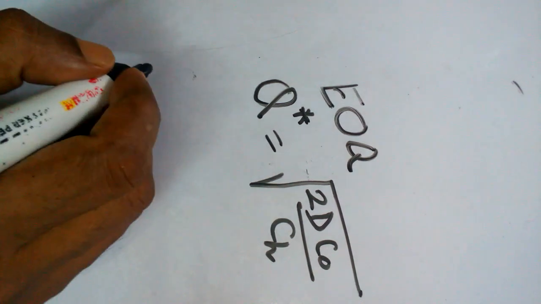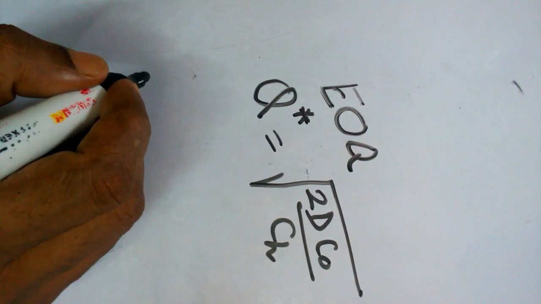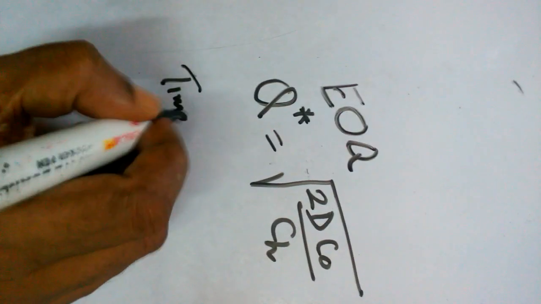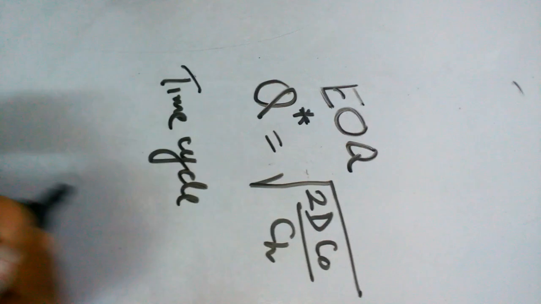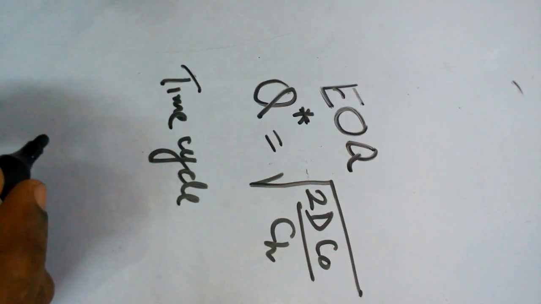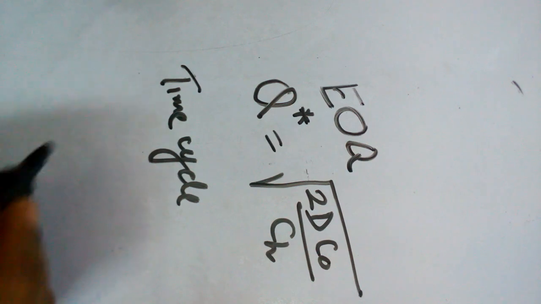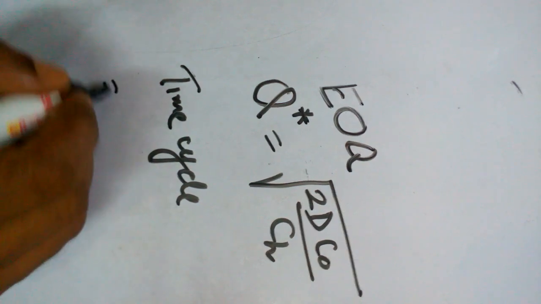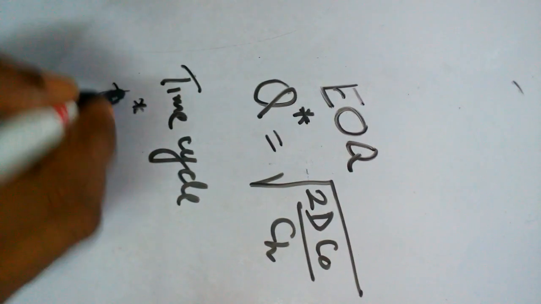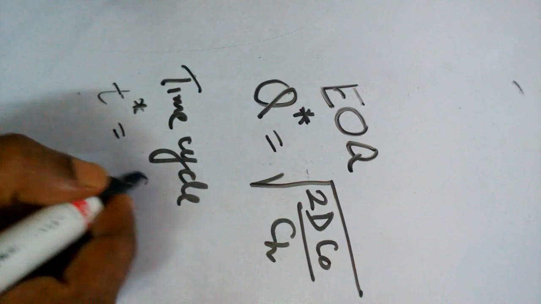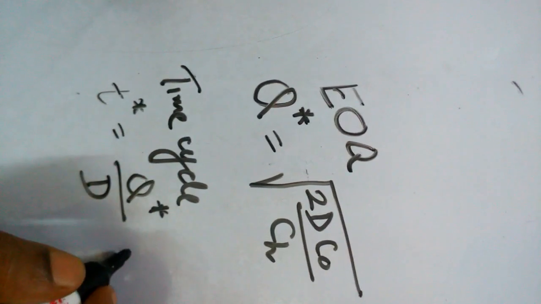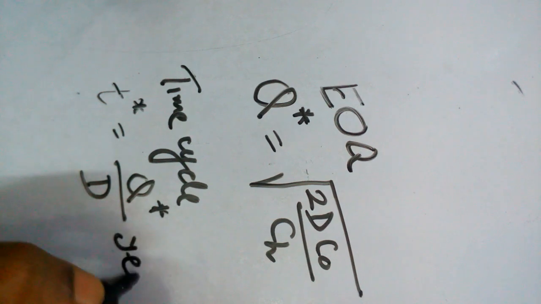Now how much time we need for one order? That is time cycle. What is time cycle? That is optimal, also we consider optimum order cycle. Time is, if I write T star, star means optimum, will be quantity ordered by D. D means annual demand, year.